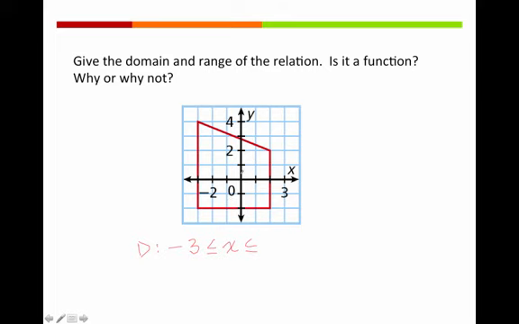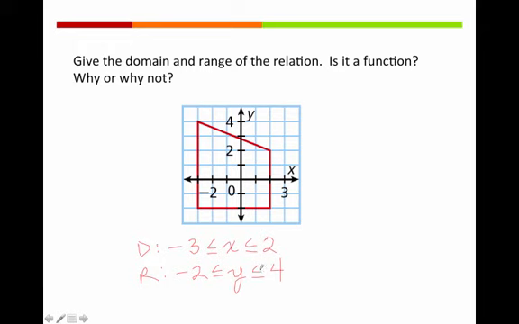And my highest x value is over here at 2, so my domain is any point in between those 2 x values. My range is going to be, my lowest y value is down here at -2. And my highest y value is up here at 4. So my domain and range are listed.